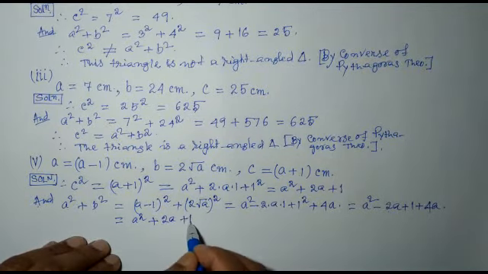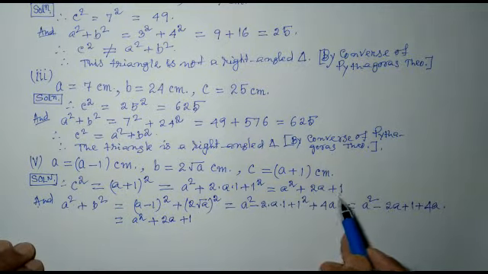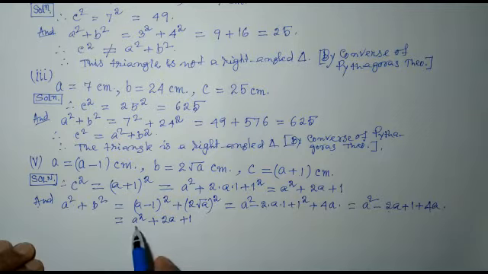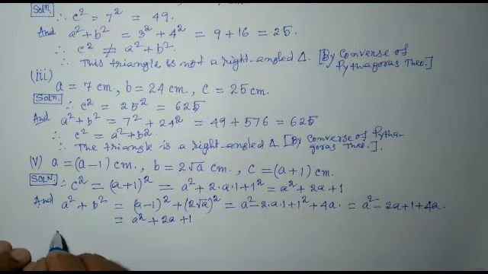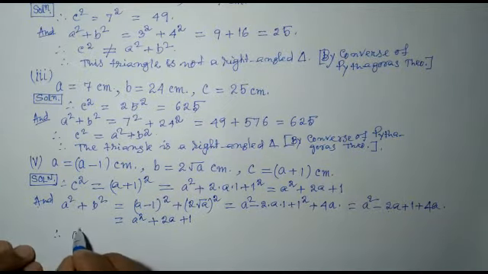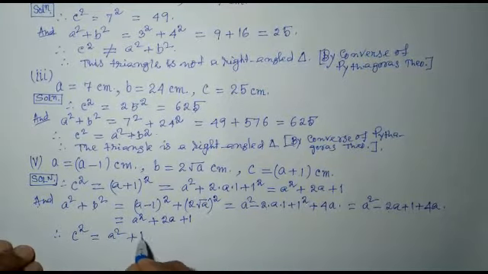And now compare with c square. C square is a square plus 2a plus 1, and a square plus b square is also a square plus 2a plus 1. So we see these two values are the same. If these two values are the same, we can write therefore c square is equal to a square plus b square.